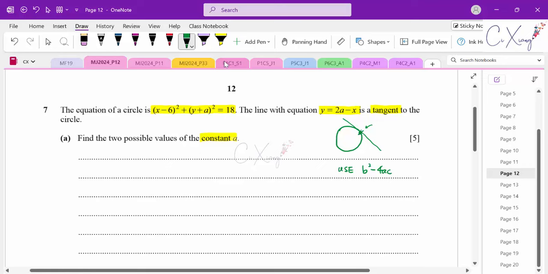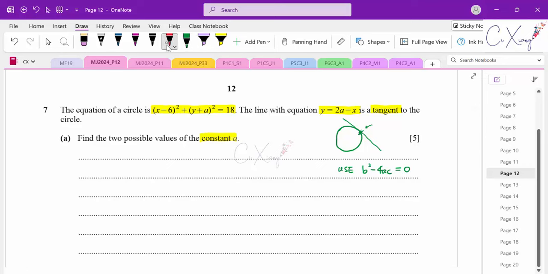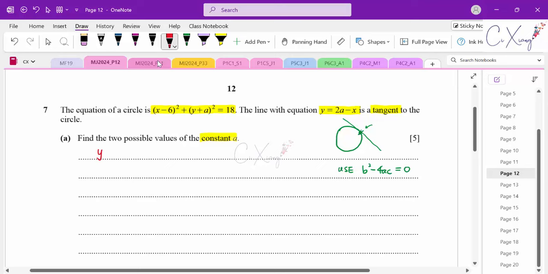If I substitute the linear equation into the curve equation, this is what we can do for this question. Right, so let us start. So our linear equation is y equals to 2a minus x. And I want to substitute it into the circle equation.